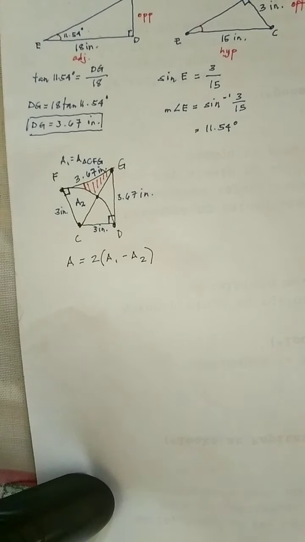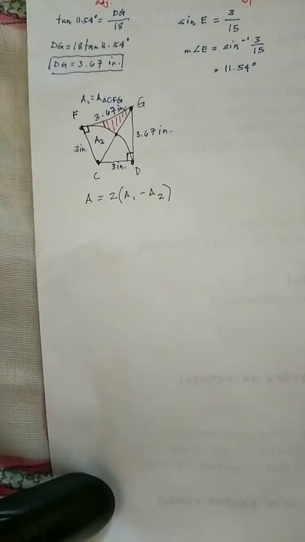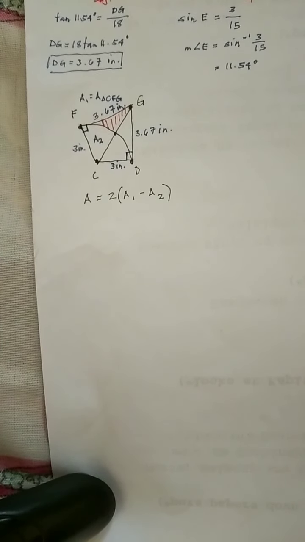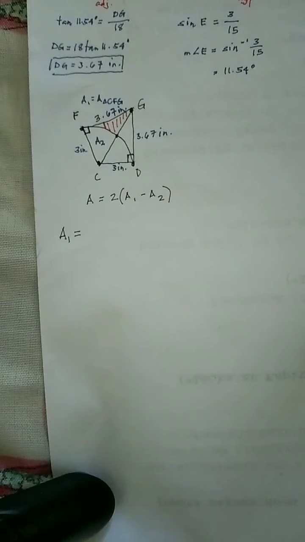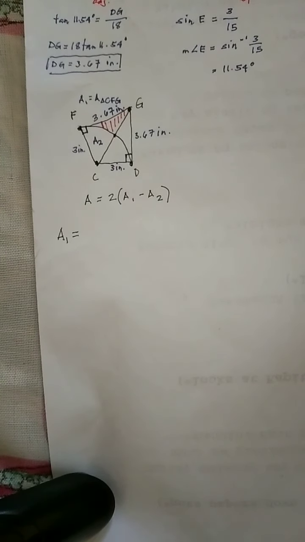Okay, so area 1, I repeat, is the area of the triangle CFG, and area 2 is the area of the sector. So we need to get area 1 and area 2 first before we can go back to our original area formula for the shaded region. First let's have area 1, the area of triangle CFG. So 3.67 and 3 inches are the base and the height of the triangle CFG respectively.